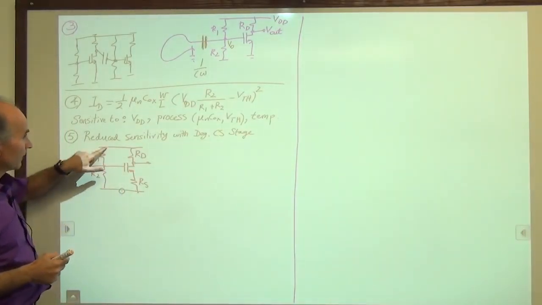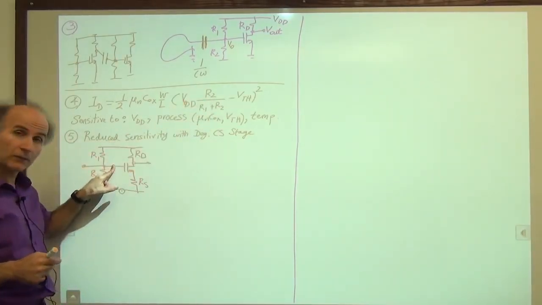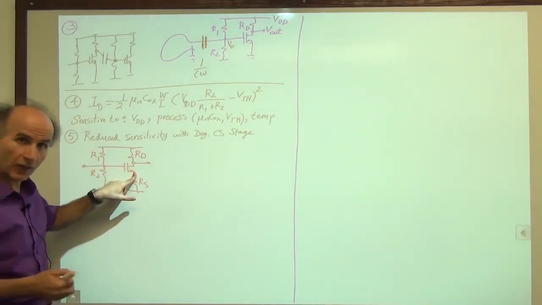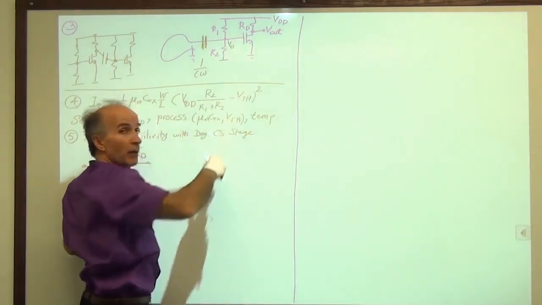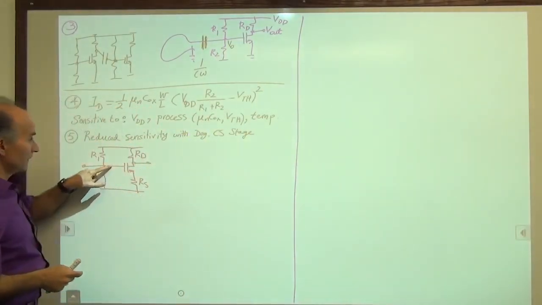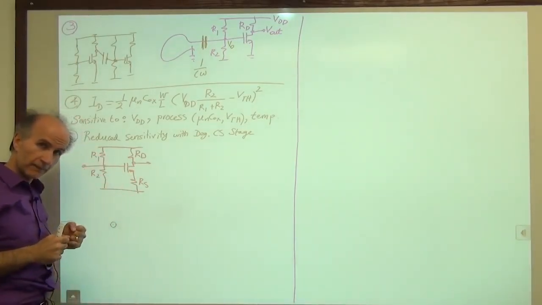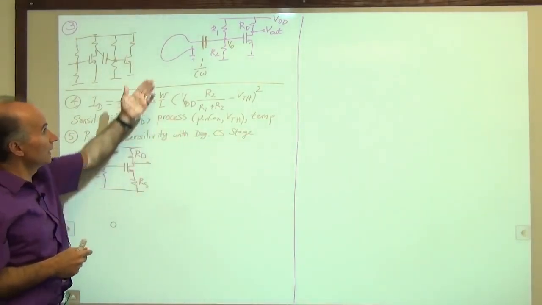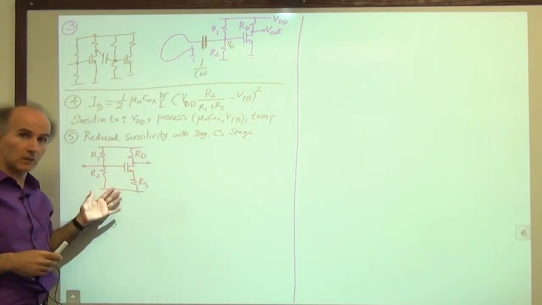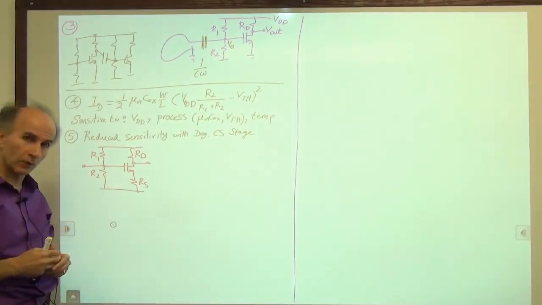For example, if VDD goes up and V0 wants to go up by a small amount, this circuit is less sensitive to that change than the previous one. There, if V0 goes up by delta V, VGS changes by delta V. Here, VGS changes by less than delta V. So this circuit is less sensitive to these variations. Sometimes we use this, although in integrated circuit design even this one is not very common, but at least it gives us some feeling for what we need to do.